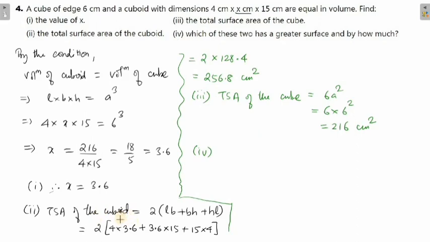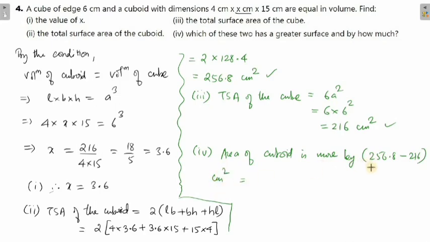Now question number 4 is asking which has greater surface area. Now see, the total surface area of the cuboid is this much and the total surface area of the cube is this much. Which one is more? Obviously this area is more, so therefore the area of the cuboid is more. By how much? That's what they are asking you, right? We will find the difference: 256.8 minus 216 centimeter square.